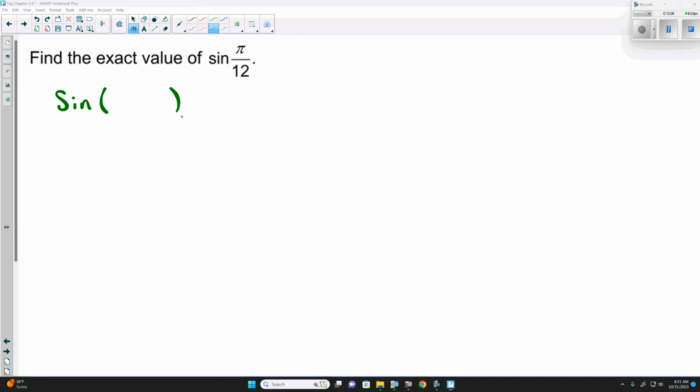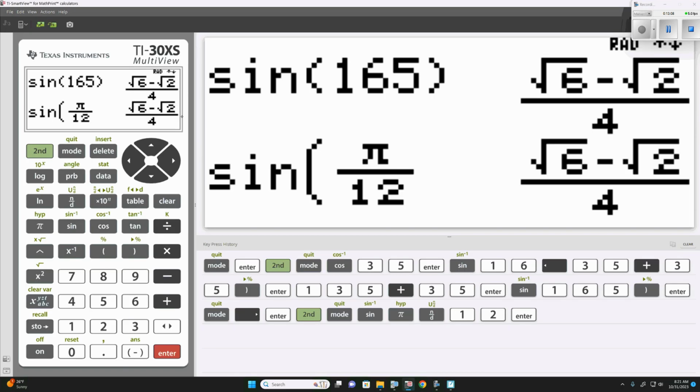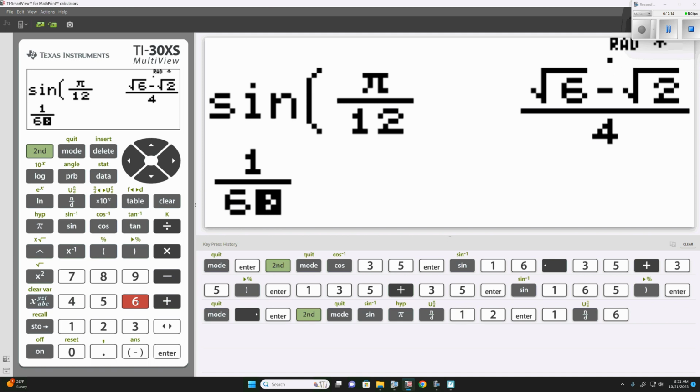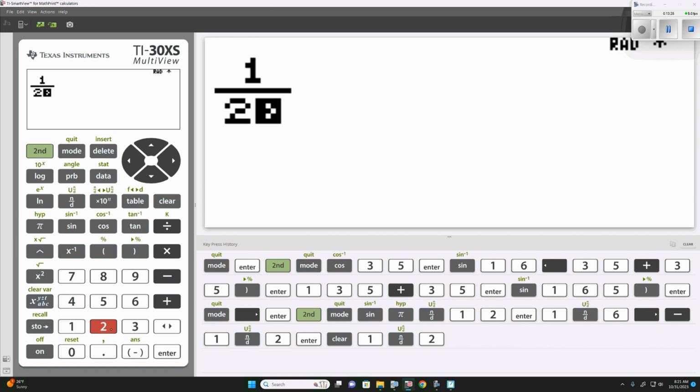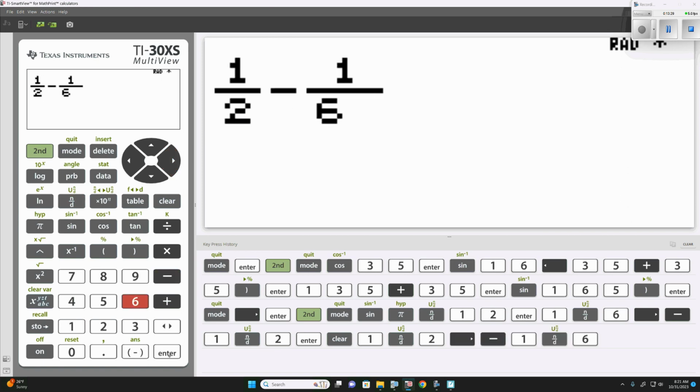So I would try to keep it simple since we're looking at 1/12, really. Because I could do, say, 1/6 minus 1/2. That didn't really get us there. Because we could try it the other way, 1/2 minus 1/6. That's still just 1/3.